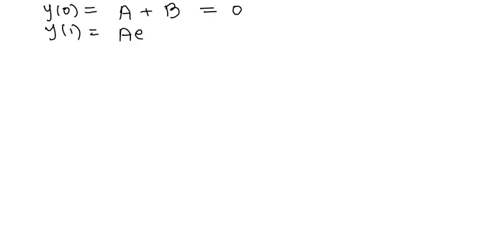Now what will be y of 0? y of 0 will be a plus b equal to 0. Then y of 1 will be equal to a into e raised to mu plus b into e raised to minus mu. But y of 1 is also equal to 0. This equation implies that a is equal to minus of b.